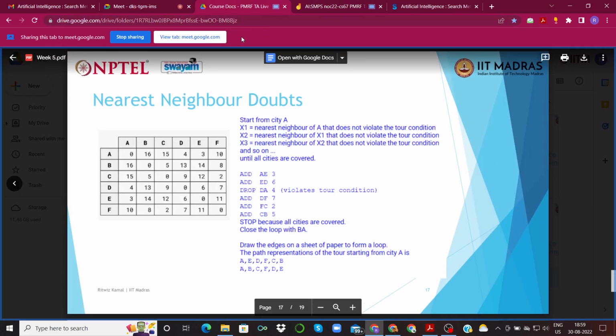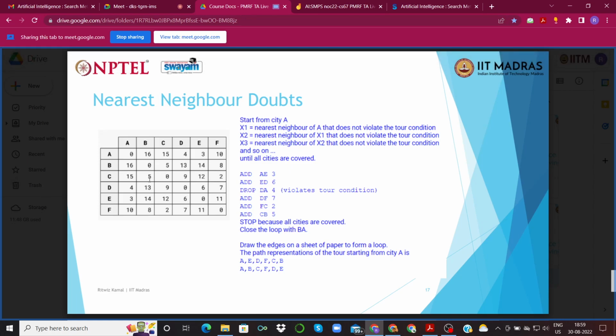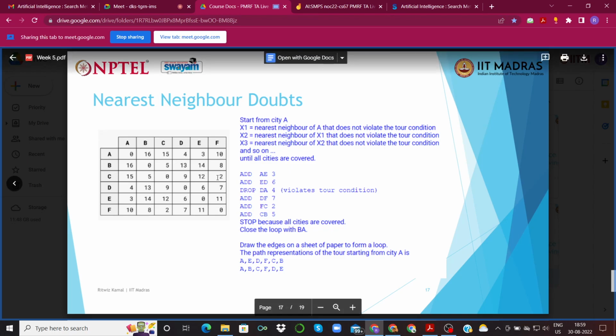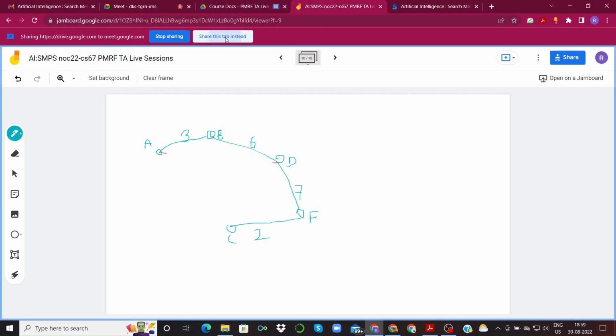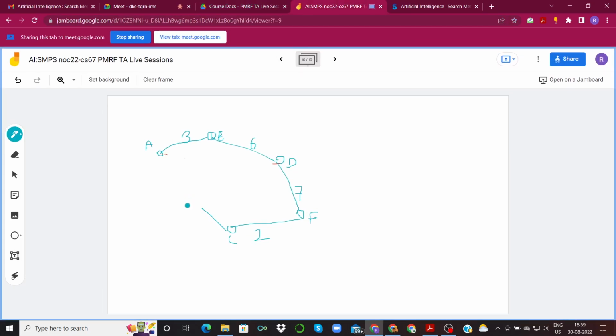Now from C, where can we go? B, right? We can't go back to F. The only best option is B, cost 5, and then we can close our loop by connecting B to A, and form a tour from this graph.